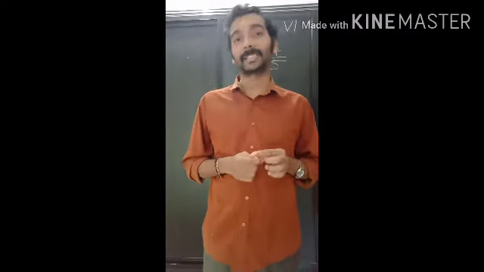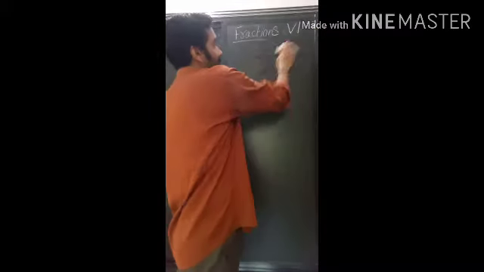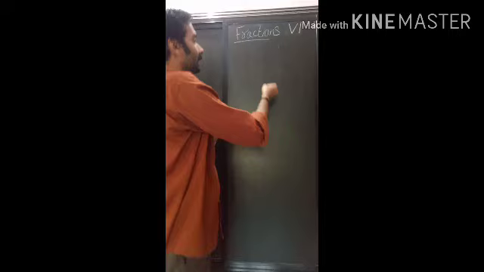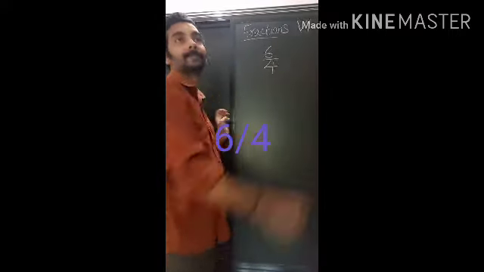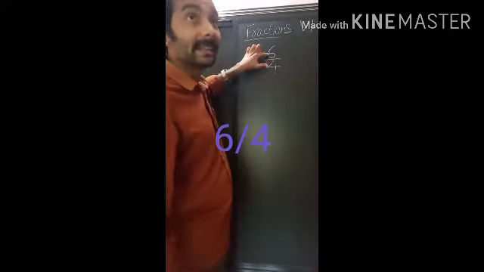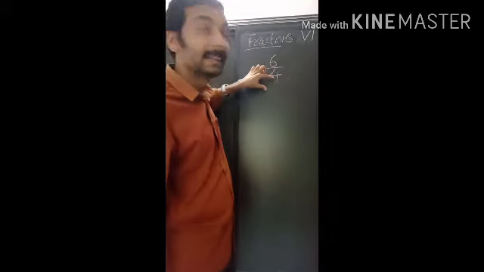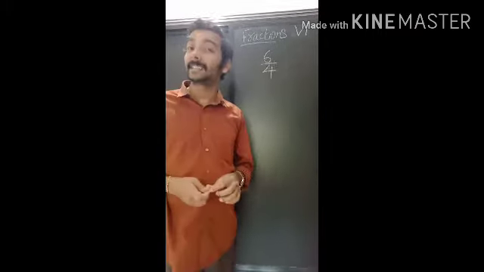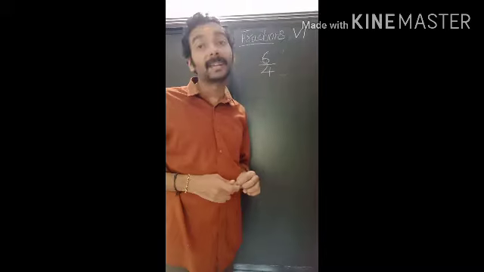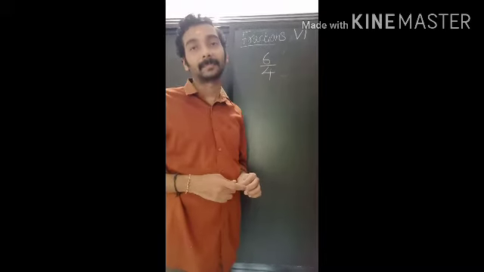An example of an improper fraction is 6 by 4. The numerator is bigger than the denominator. This type of fraction is called an improper fraction.